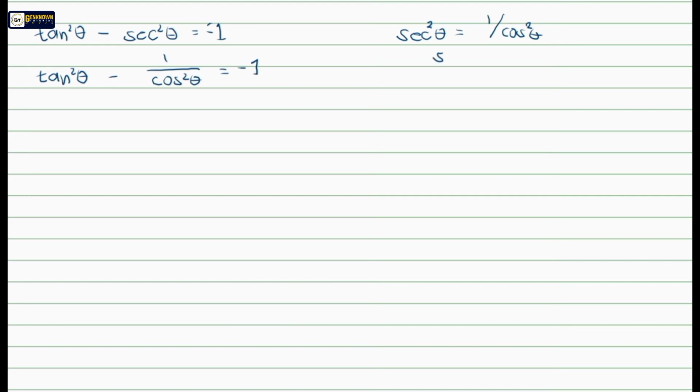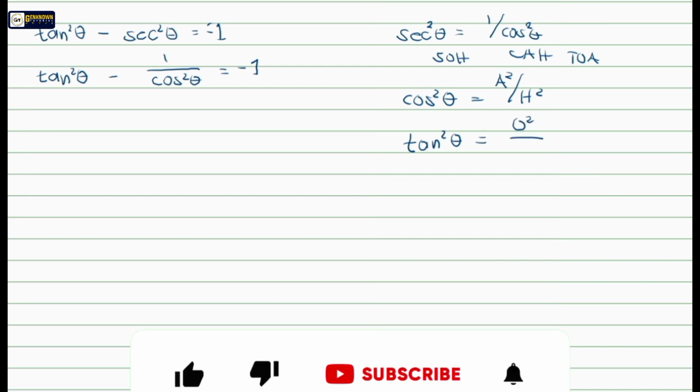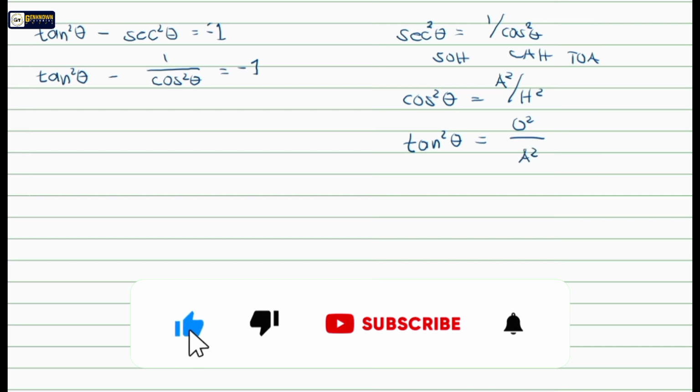Again, from the SOHCAHTOA, we have tangent here and cosine. So we will use the CAH and TOA, where under the CAH we have cosine squared theta is equal to the adjacent squared over the hypotenuse squared, and we have also the TOA, where tangent squared theta is equal to the opposite squared over the adjacent squared.